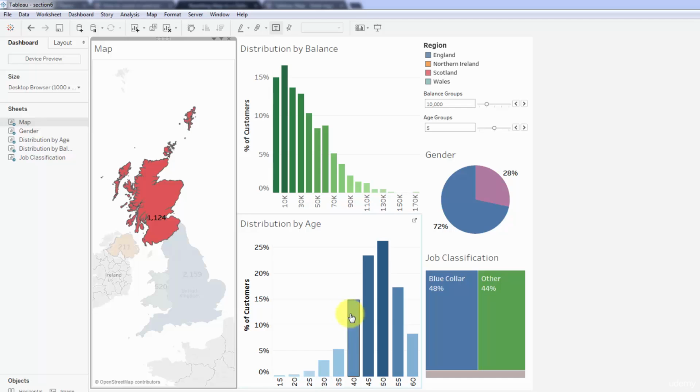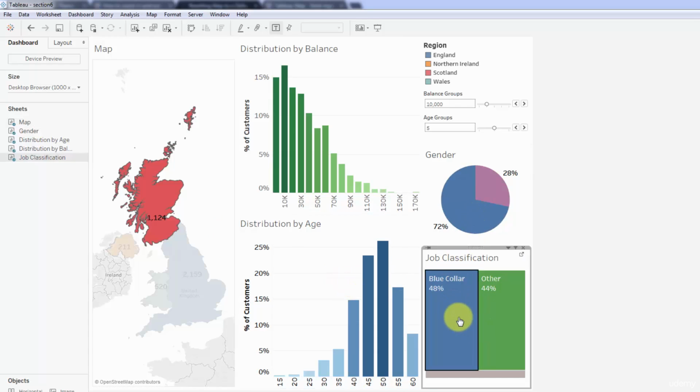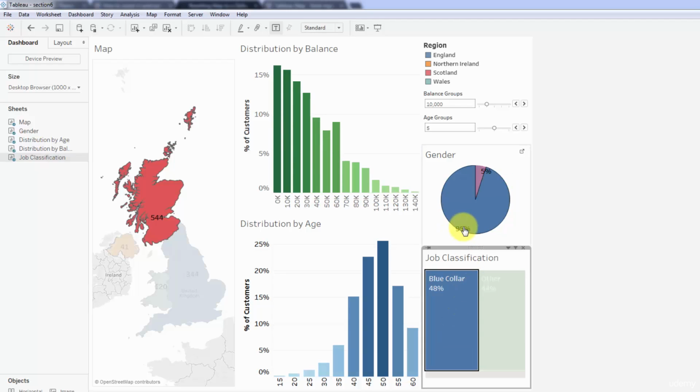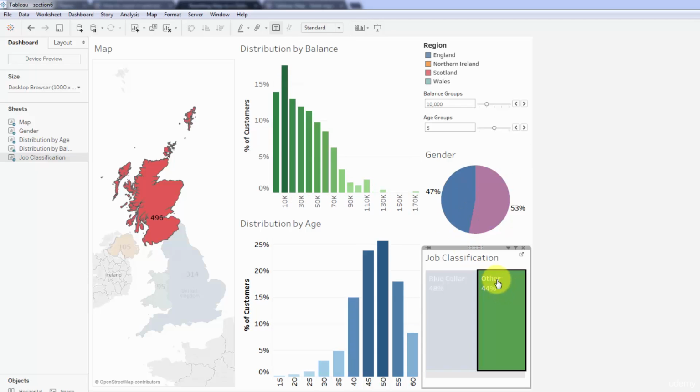What this is telling us is that when you're servicing this region and creating promotions and different campaigns for it, you have to aim for a much older demographic, predominantly male, and more in the blue collar space. If I click on blue collar, you'll see that 95% of the blue collar workers in this region are male. And if I click on other, you'll see a different picture here, more female.